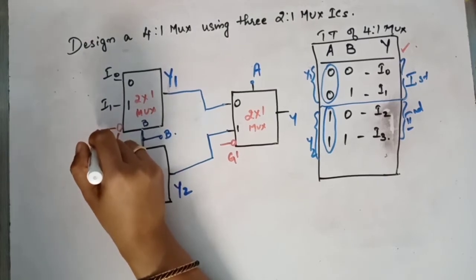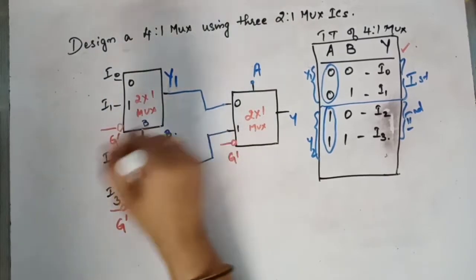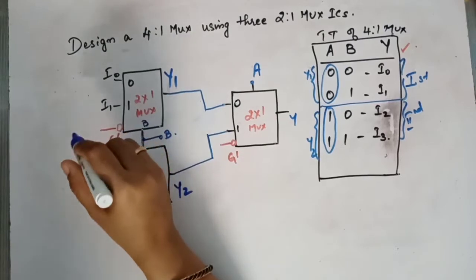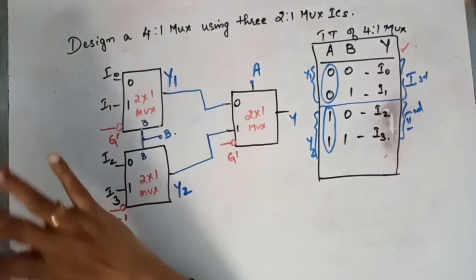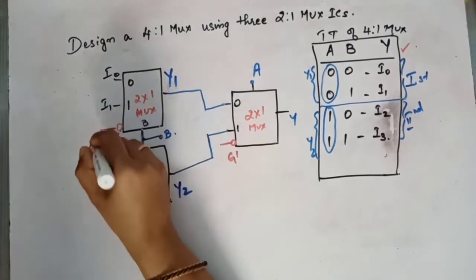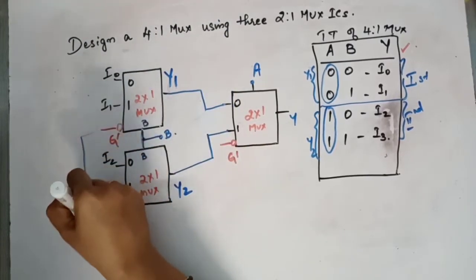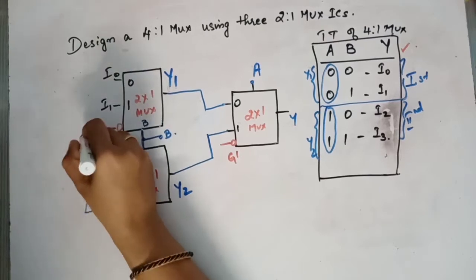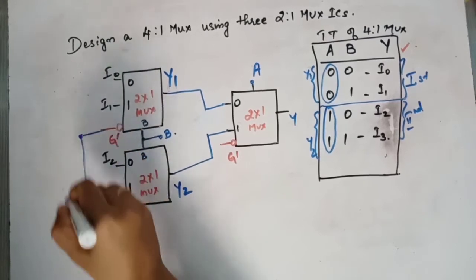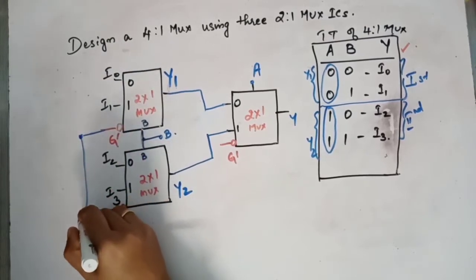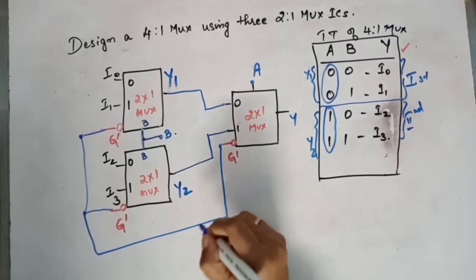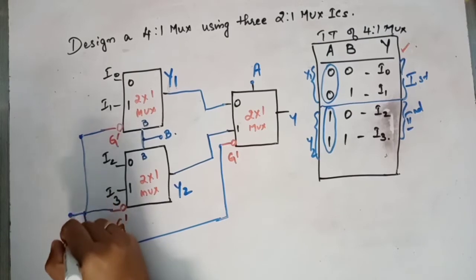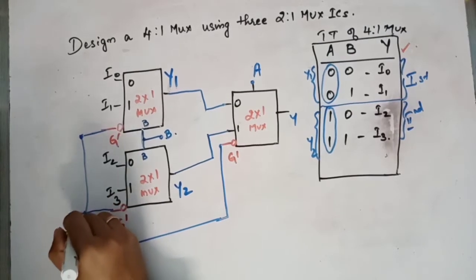You should connect all the G dash, all the 3 G dash, to a single switch and keep it at low. So actually we need to short it. We can short it here, and we can short it here and give it as logic 0.